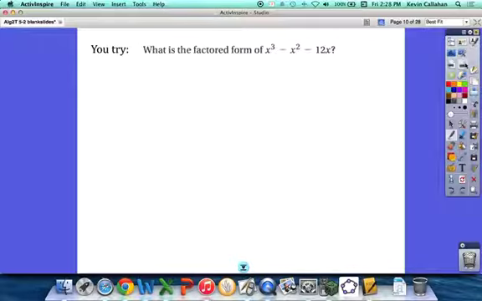We don't seriously need a calculator for this, do we? You factor out the common factor, and then what's inside? How does that factor? Yeah. X times x minus 4 times x plus 3.